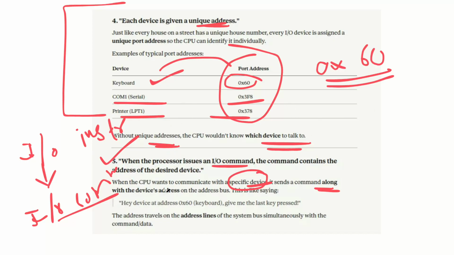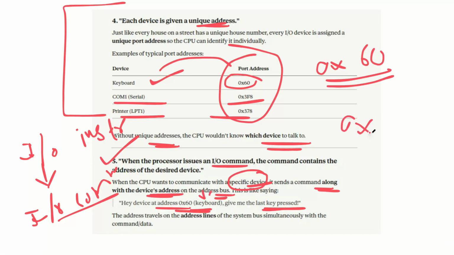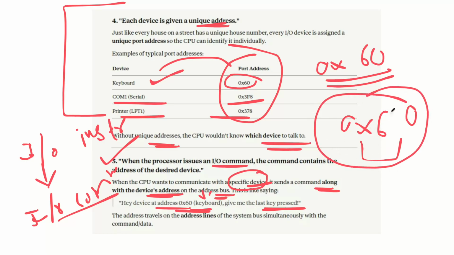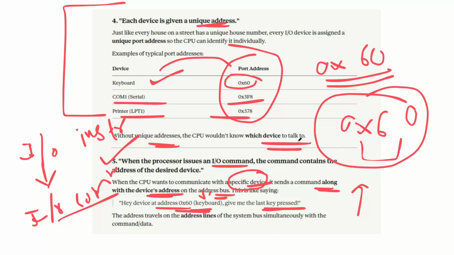Along with that, it should also send the device's address on the address bus, like, hey, device at address 0x16, give me the last key pressed. If I want to get something from the keyboard, I would say the device at this address, I want to get data from it. So in the address line, I would send the address of which device I want to talk to.